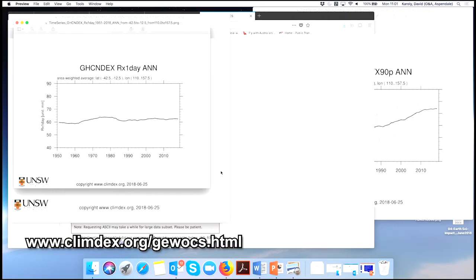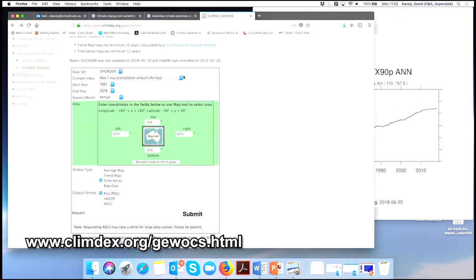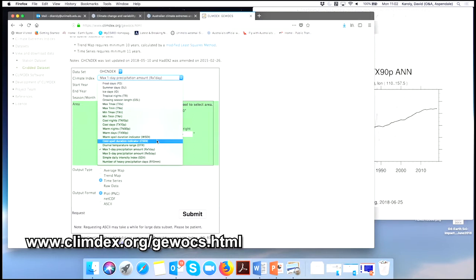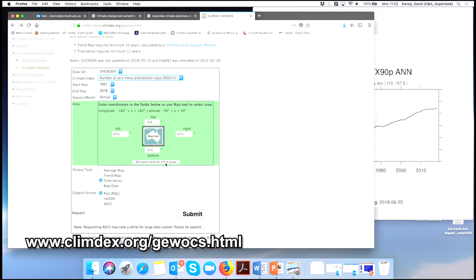Yep, that's the rainfall from 1 day rainfall amount, the heaviest 1 day rainfall averaged across Australia. It's pretty hard to see a trend. It goes from 60 to 62 millimetres. There is no trend. But let's try this one.